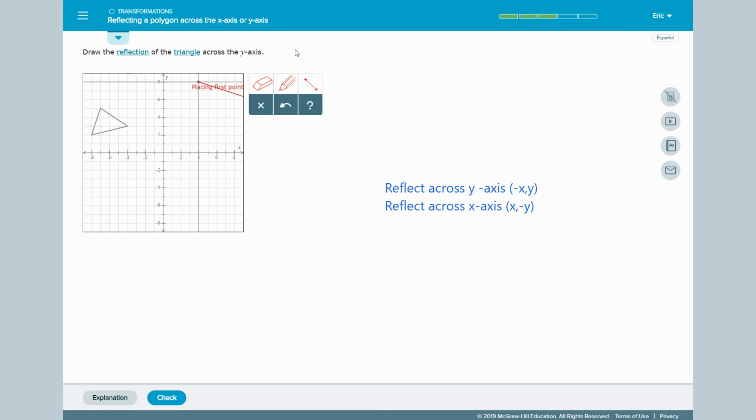I know I'm reflecting across the y-axis, so my y will stay the same. I'm going to stay the same height, and my x will flip. If this is -4, I'm at +4. If this is at -7, I'm at +7, same height.